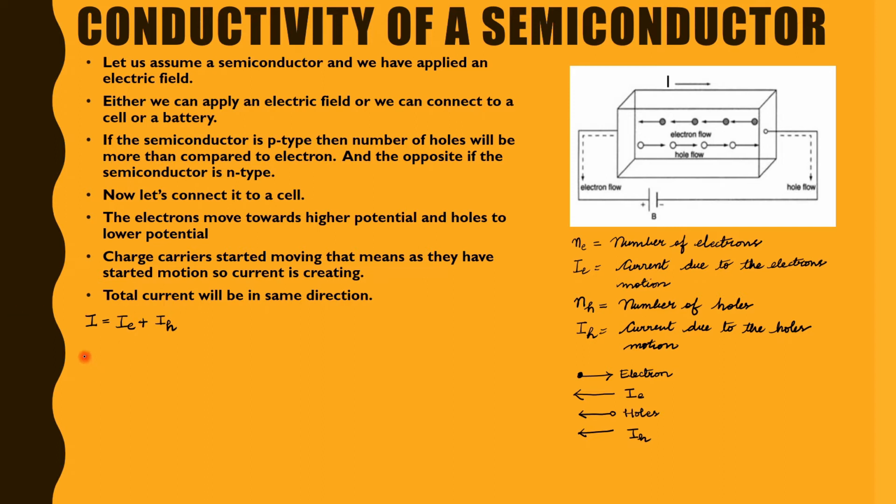I is the total current. IE is the current due to electrons' motion. IH is the current due to holes' motion.